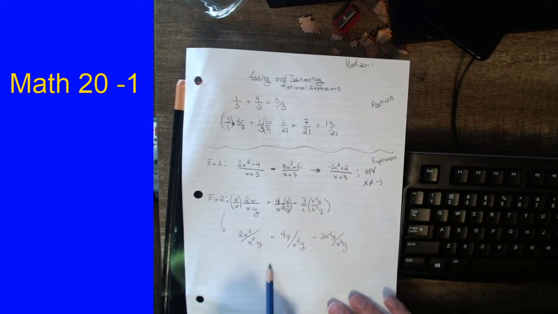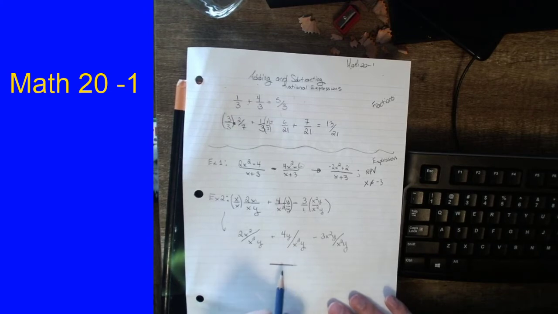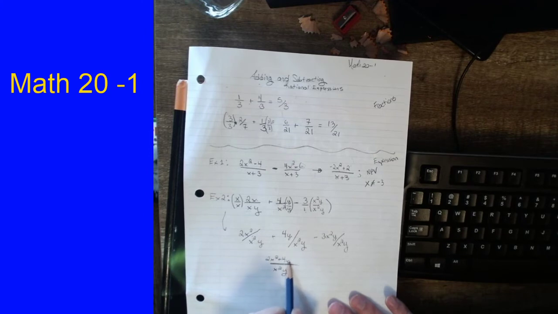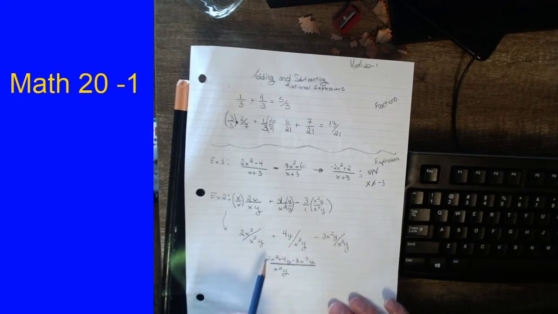So we'll be clear to write our denominator of x squared y, because that always stays the same. And then we have 2x squared plus 4y minus 3x squared y. They're all different terms, so I don't have to worry about combining any of them.